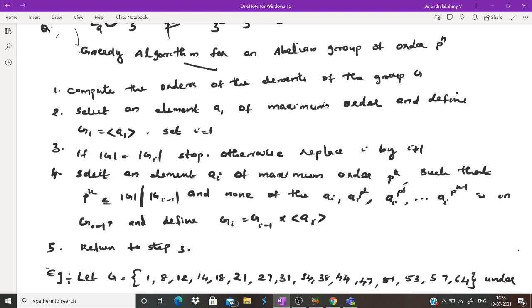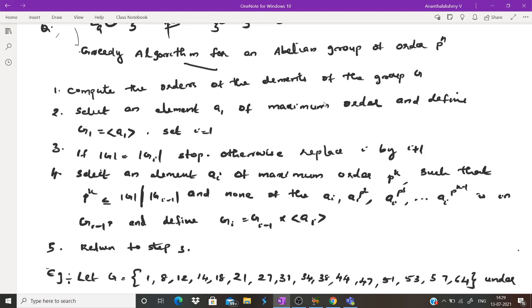In that fourth step, what you have to do is choose another element of maximum order, and it should be chosen in such a way that it does not belong to Gi minus 1. The element's powers, like if you choose Ai, then Ai p, Ai p square, Ai p cube.